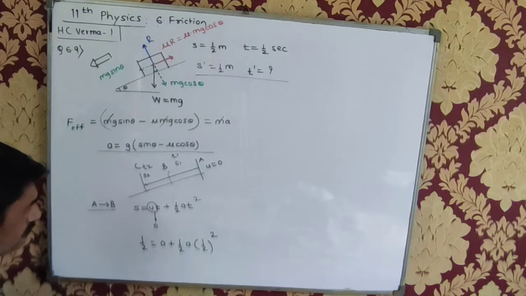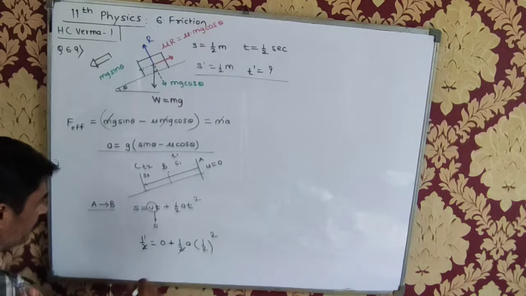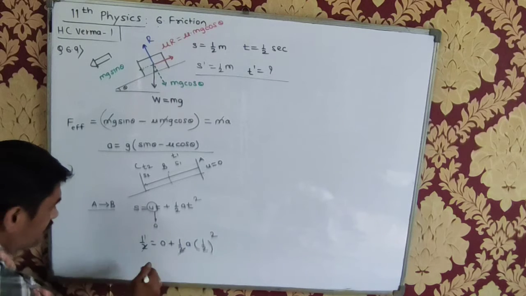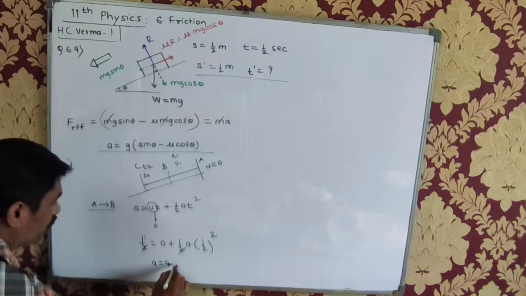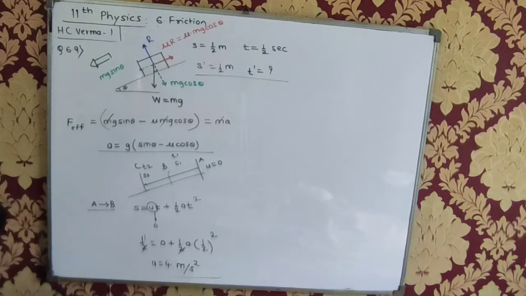So 1 by 4. This gets cancelled here now, 2 and 2 get cancelled. So acceleration is equal to 4 meter per second square. Is this okay? Any doubts about that?